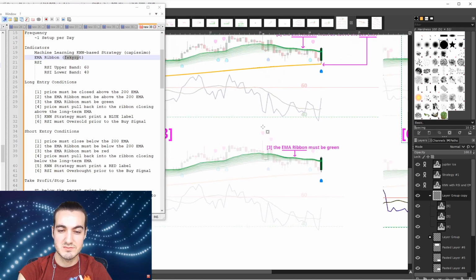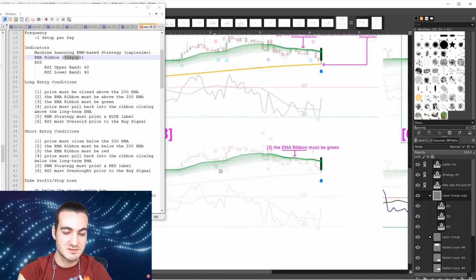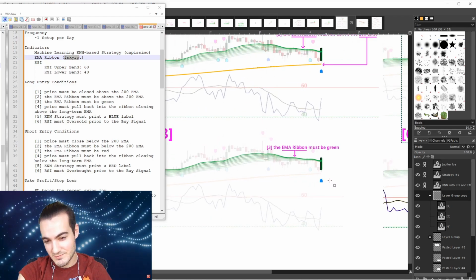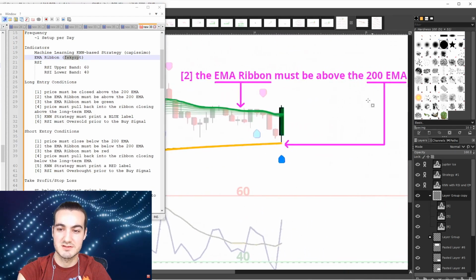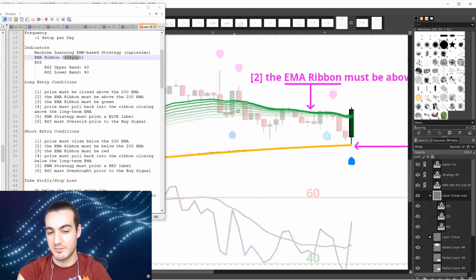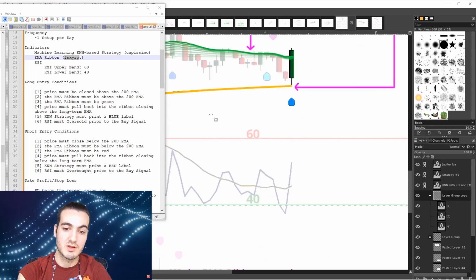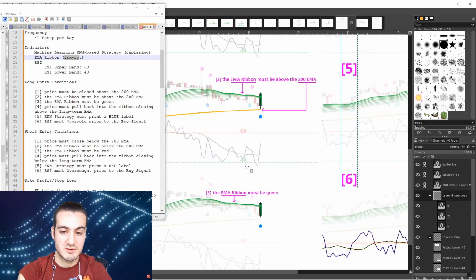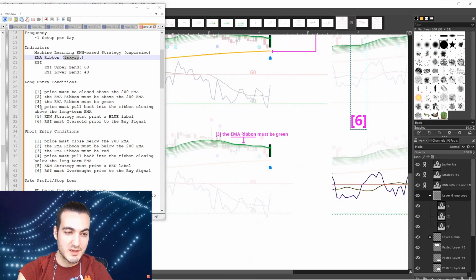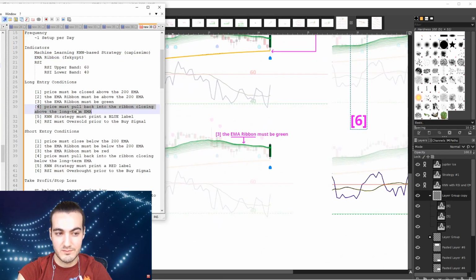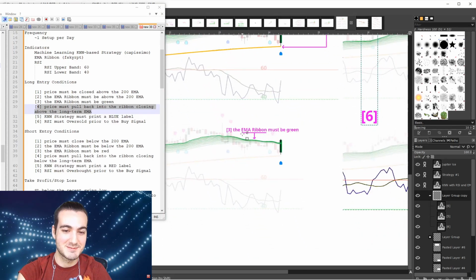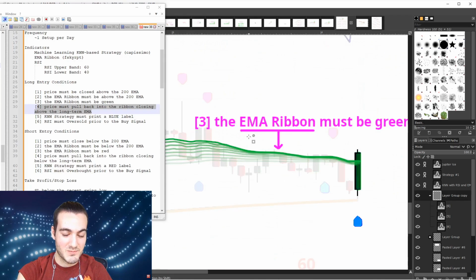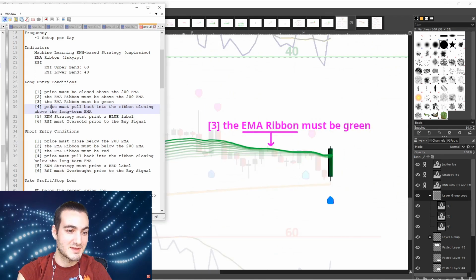I assume that for its color to change, perhaps it moves above or below a significant moving average like the 200 EMA. So maybe when we're above the 200 EMA, it's green, and when we're below it, it's red. I'm just not sure. So we might have to forego that step, but that doesn't necessarily mean that we'll ignore what that step is trying to tell us.